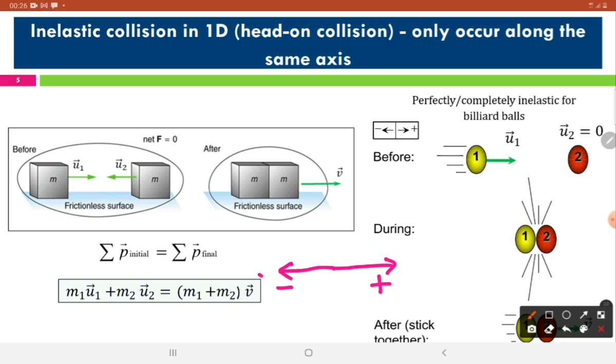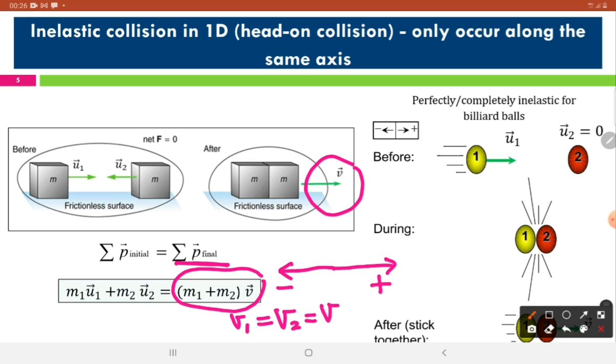So this formula becomes like this for the final momentum, because finally after they stick together, they move with the same final velocity v. So v1 is actually equal to v2, which is equal to only v. That's why this equation becomes like that.